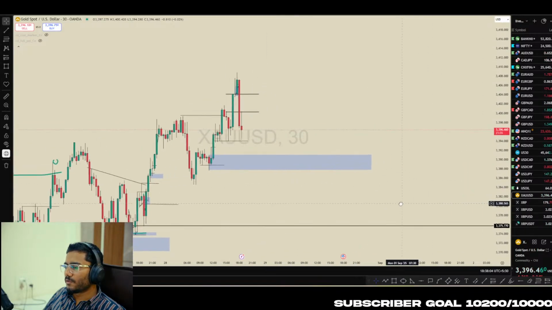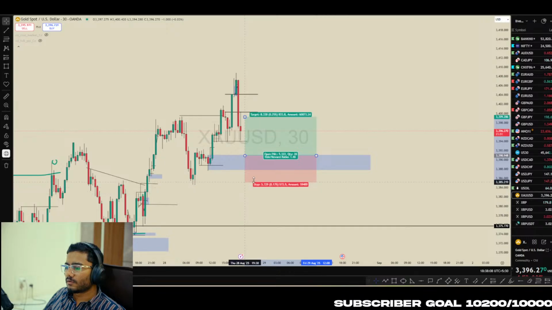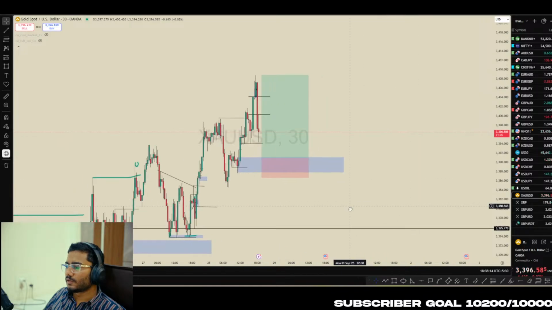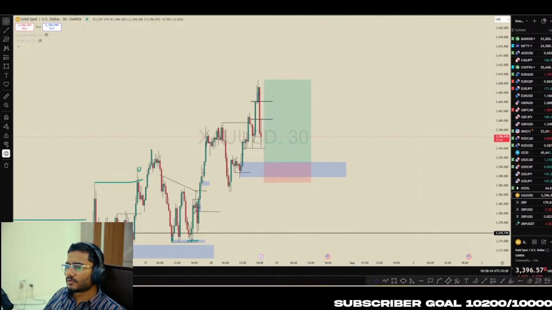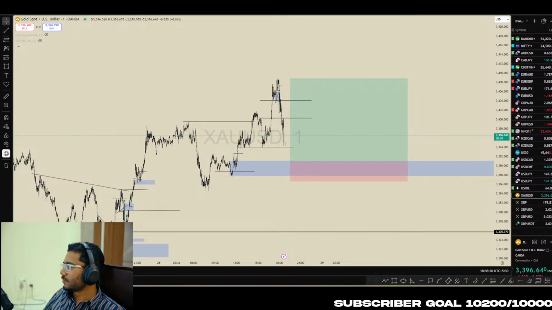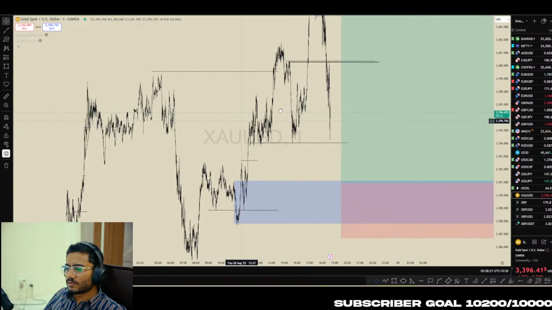So we can look for buy side from this area, with stop loss below this low, and we can target the next high, something like this. Some more.